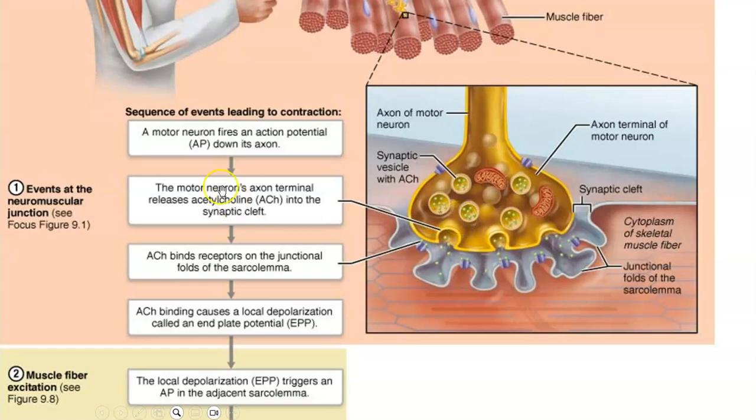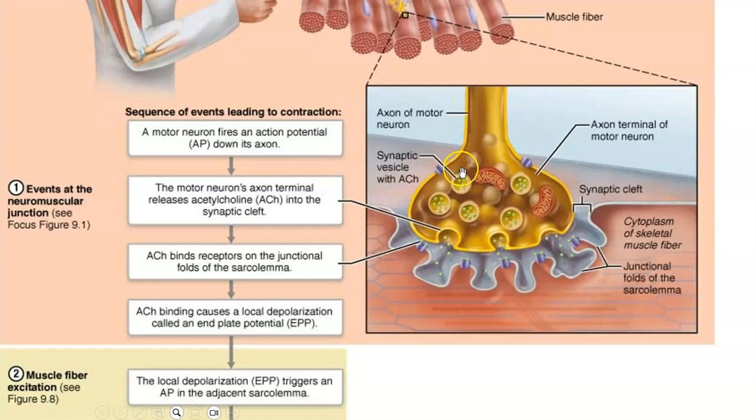So the first thing is an action potential is fired down the axon. So just kind of picture an action potential or nerve impulse, coming from the beginning of the axon, either in the brain or the spinal cord, and arriving here at the axon terminal at the neuromuscular junction.